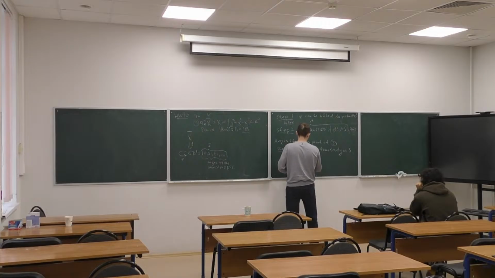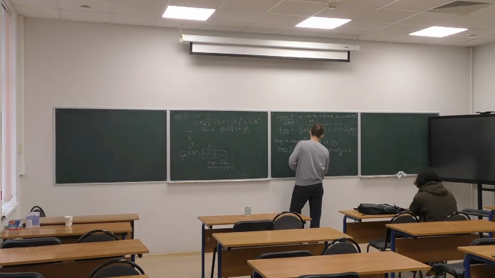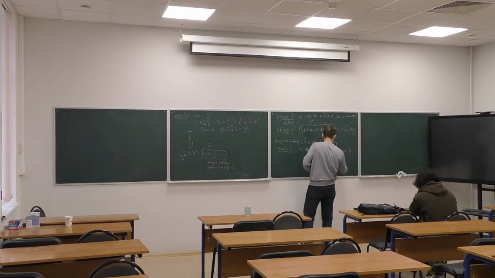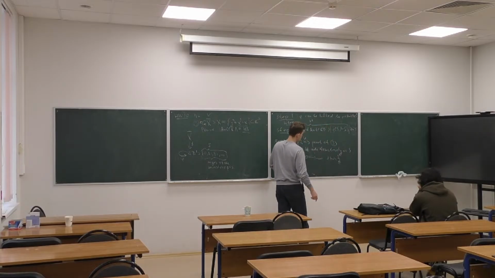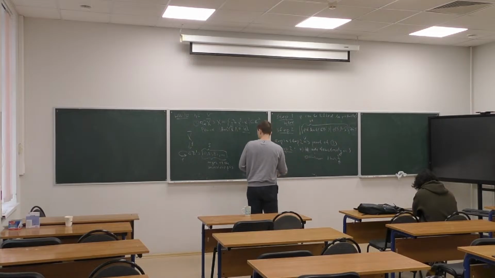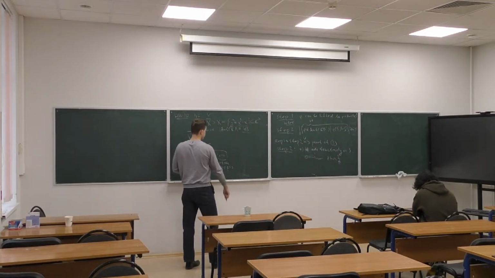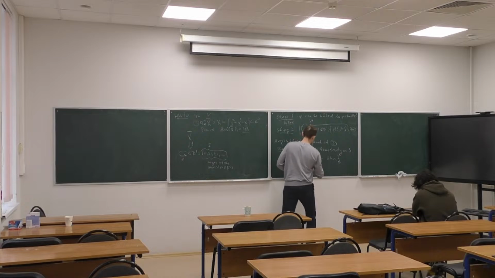You just check that if you want to move 0, for example, you want to move 0 to all other points. If you want to move 0 to infinity, then this is the transformation z goes to 1 minus z. It preserves this set, obviously, and it moves 0 to infinity.